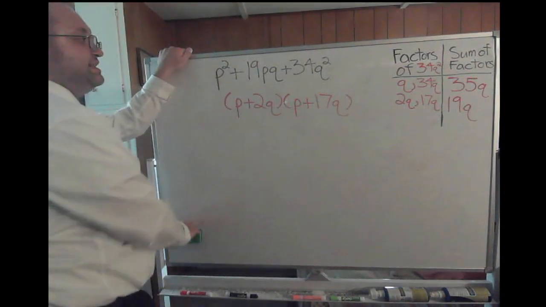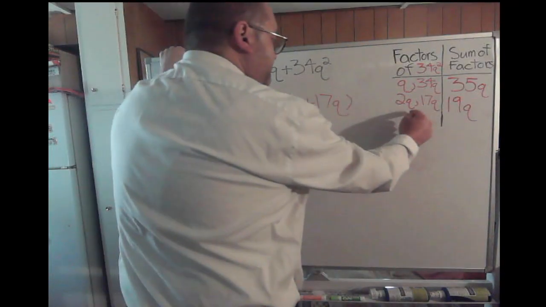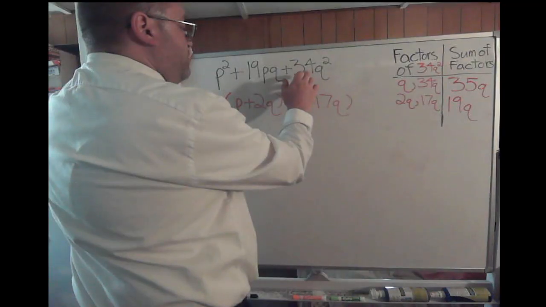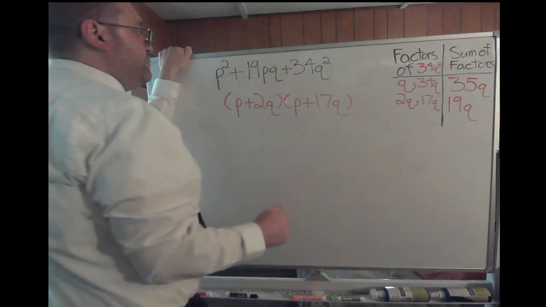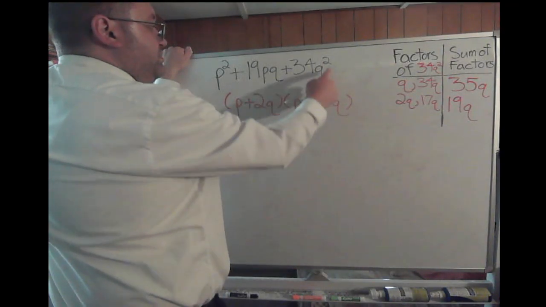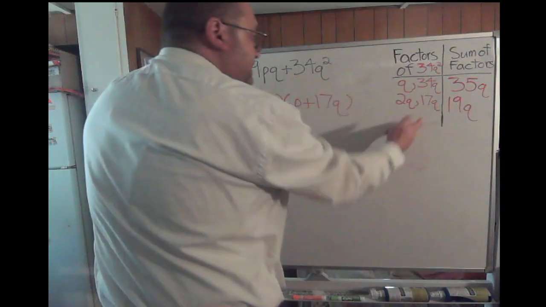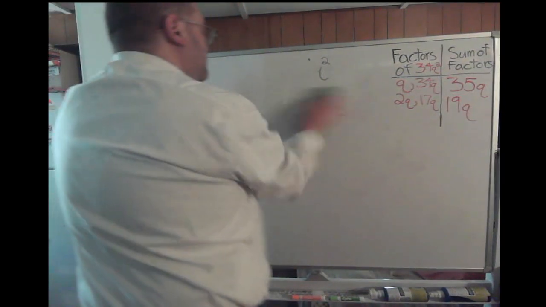So it's a little different when you have two variables. You're still going to add the coefficients of your third term together, but you're going to have the square root of the variable on the third term attached to it. That's all it is. So we'll illustrate with another example here.